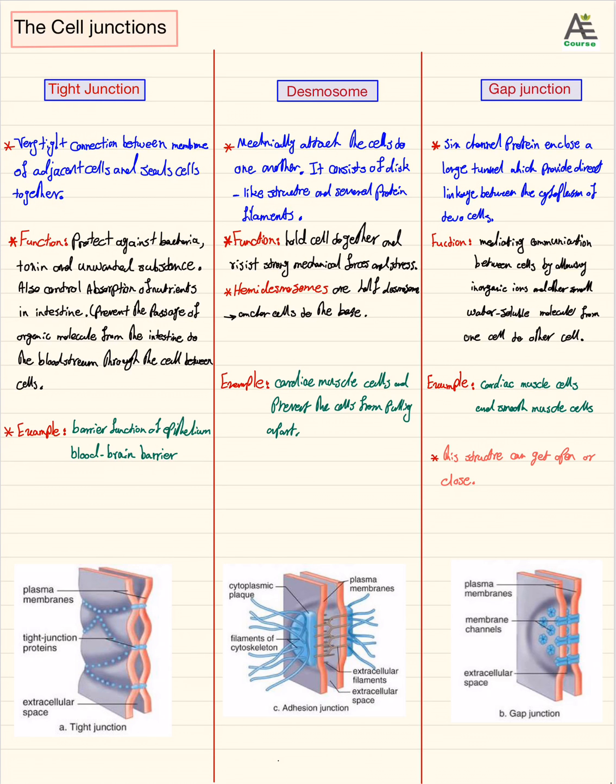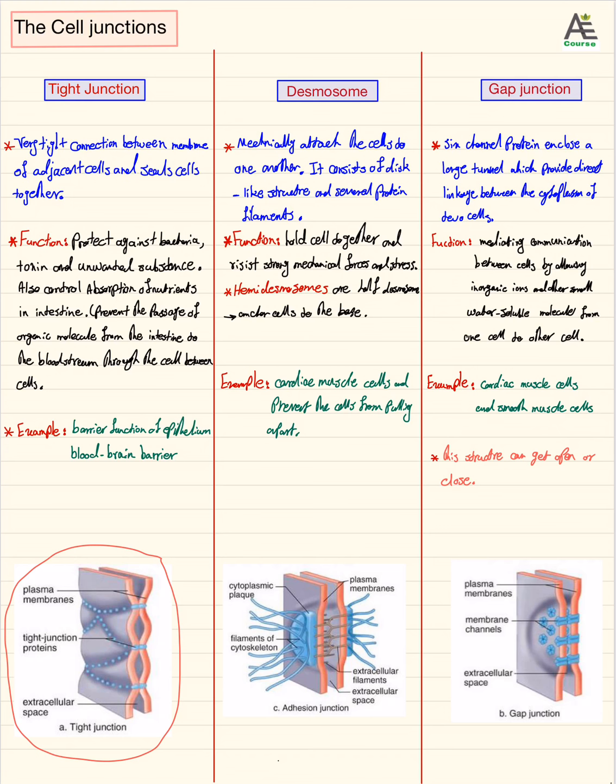Tight junction is a very tight connection between the membranes of adjacent cells, in which a special protein called claudin seals these cells together, as you can see in this picture. And what is the function of this tight junction?